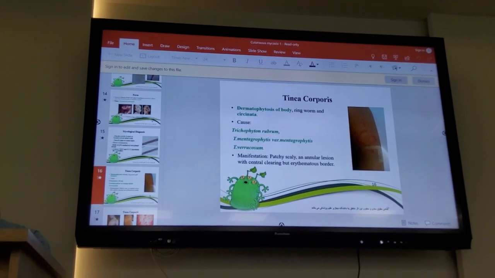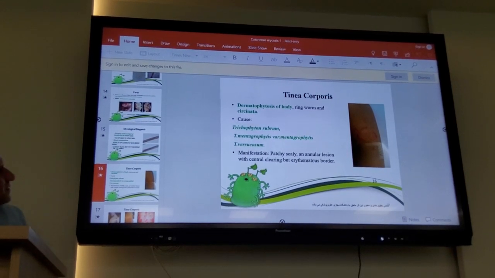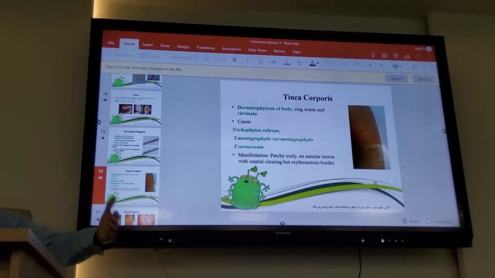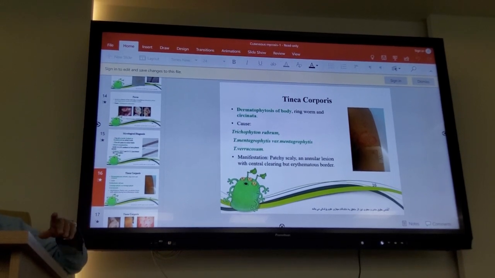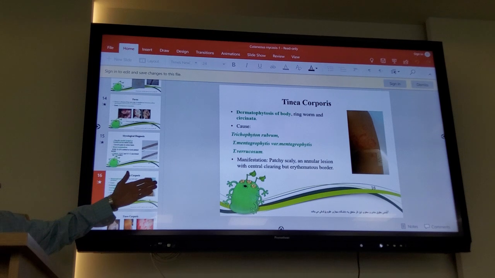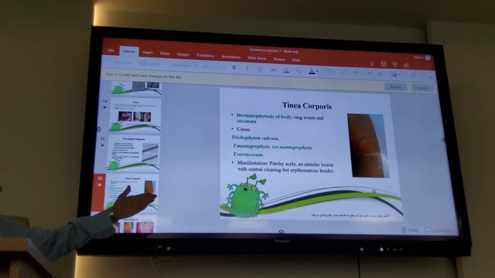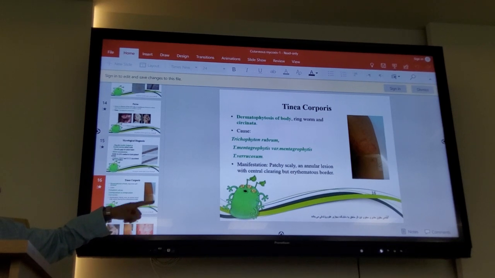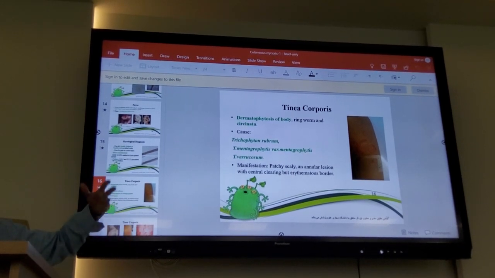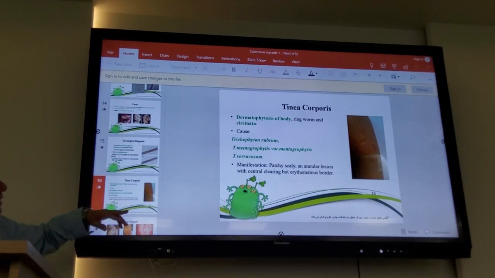Annular means ring. Or circinata, a synonym of ring form. There are many species of Trichophyton, Microsporum, and Epidermophyton that lead to tinea corporis.